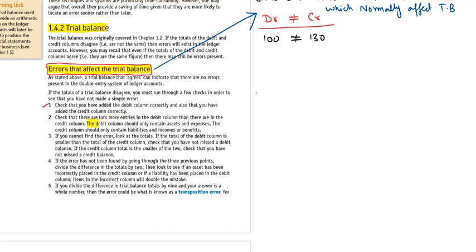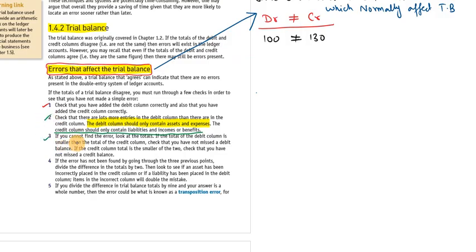So all the assets and expenses should be in the debit column, and all the liabilities, income, or benefits should be written in the credit column. If we violate this rule, then debit will not be equal to credit.